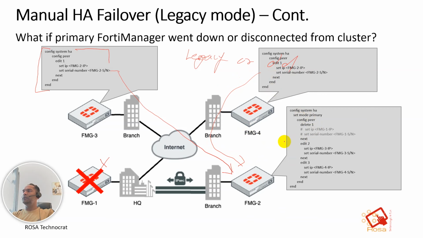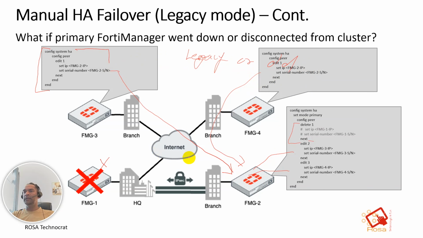And on FMG2 you have to delete the serial number of FMG1, and add the serial numbers of FMG3 and FMG4. These changes you have to perform if you are doing it in manual mode.